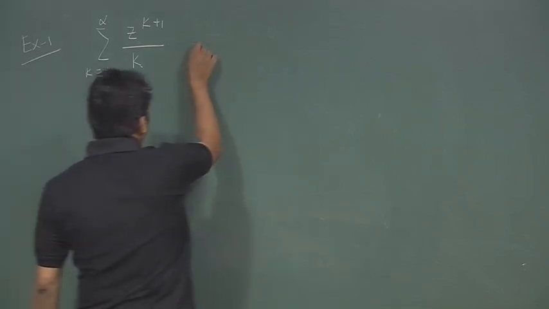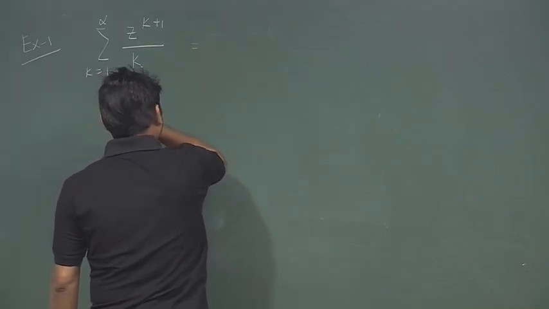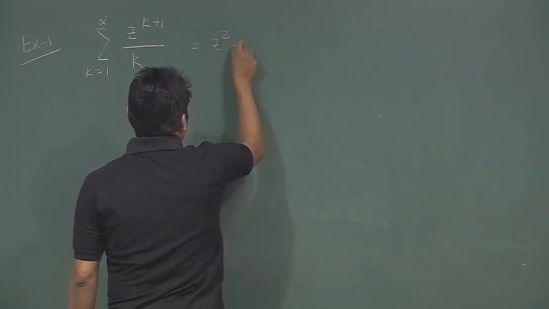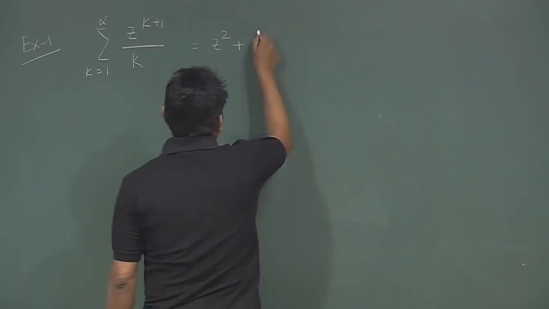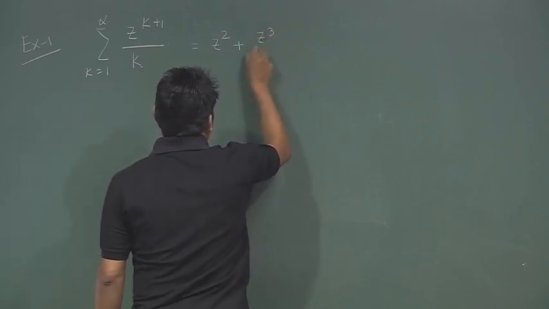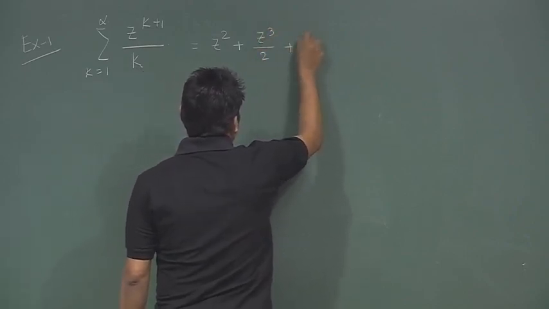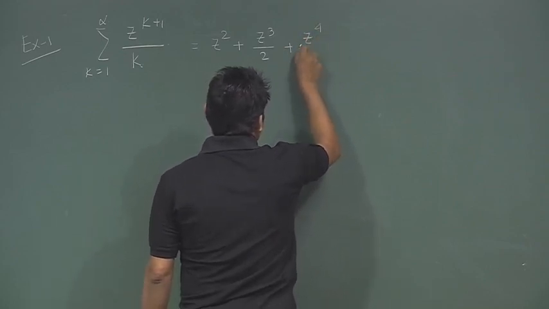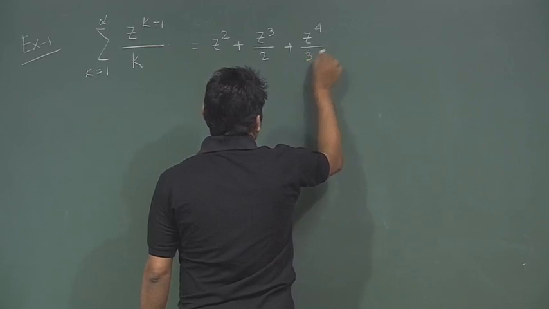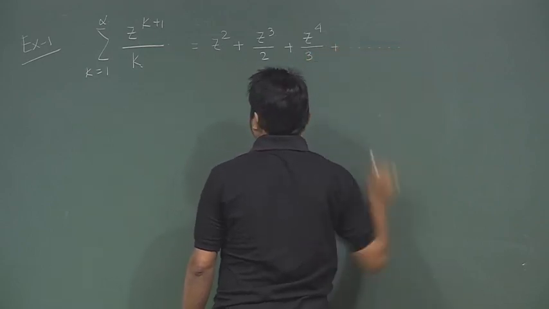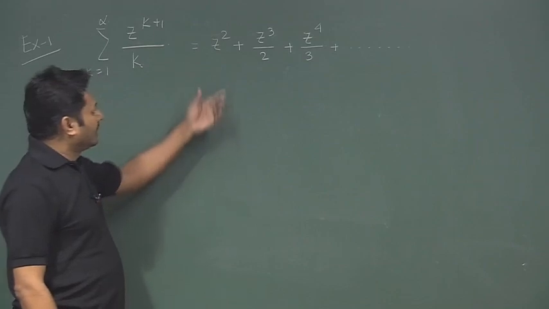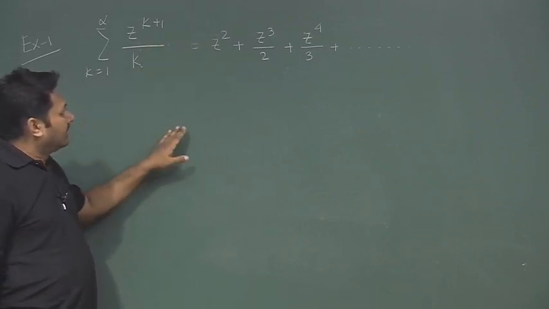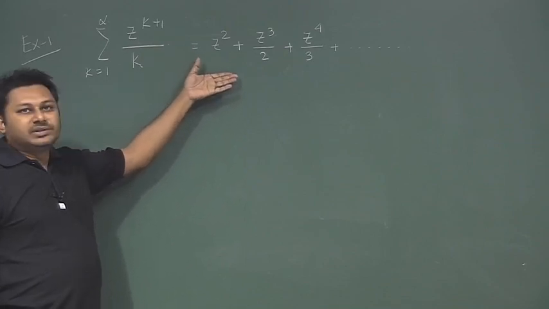Now if I expand this series, my first term will be z squared, my second term will be z cubed by 2, my third term will be z to the power 4 by 3, and so on. So, what is the radius of convergence of this?